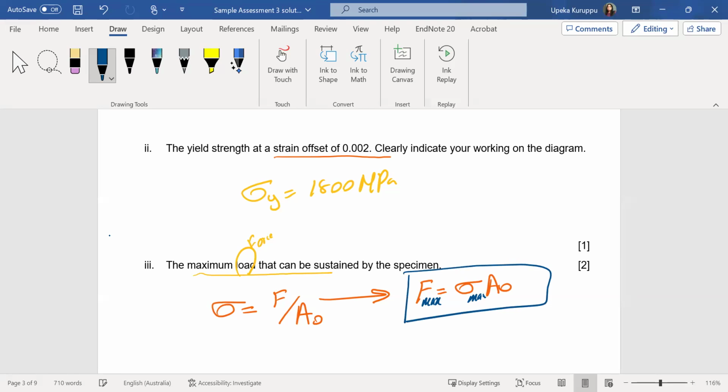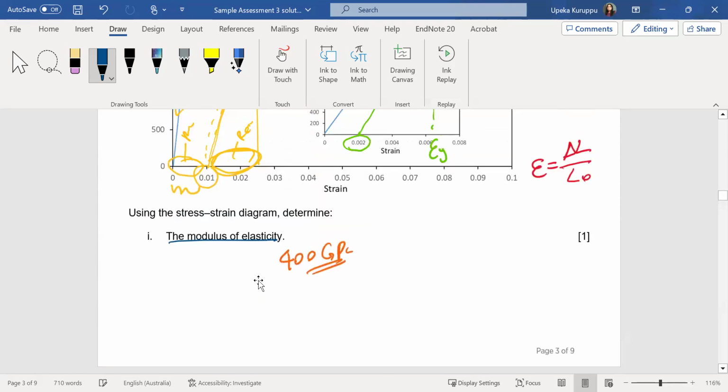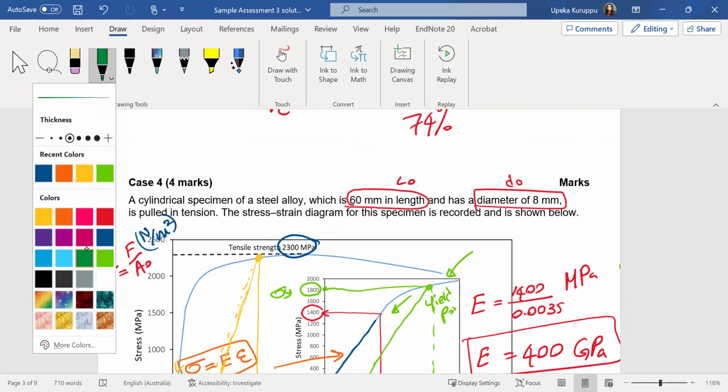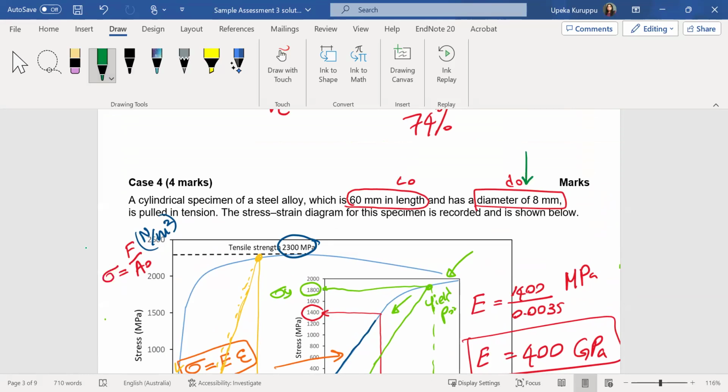So where is the maximum stress? If you look at the diagram given, what is the maximum stress? Yes, 2,300. So 2,300 times the area. Do we know the area of the specimen? We don't know, but we can find it. We know the diameter.